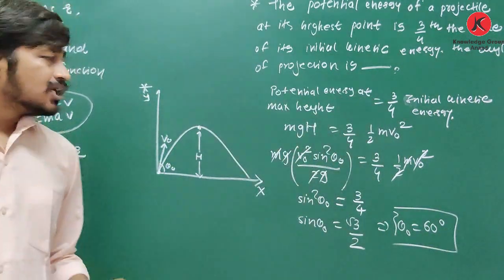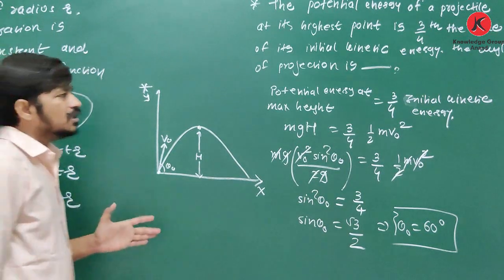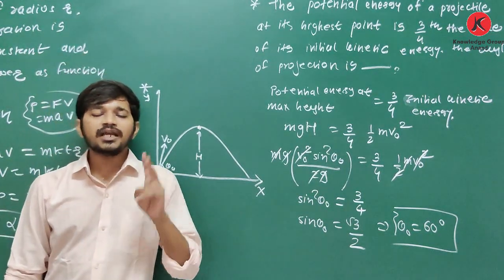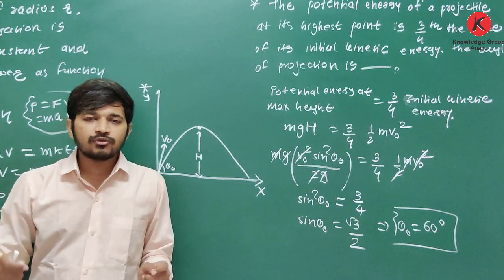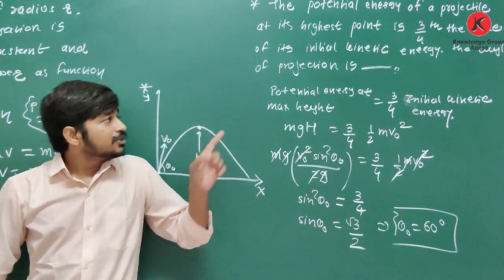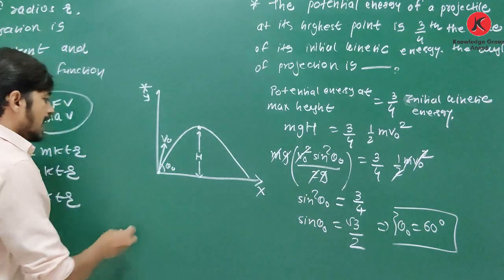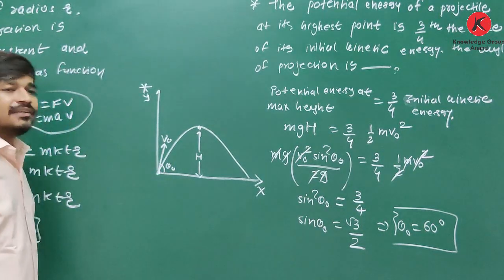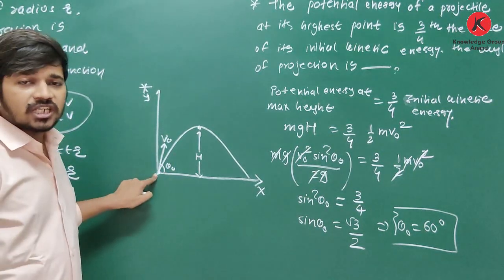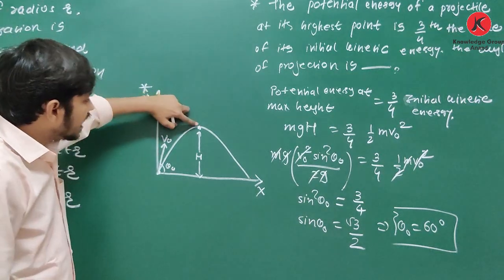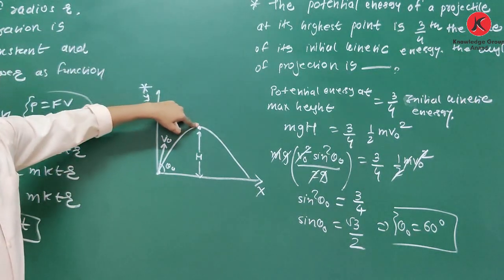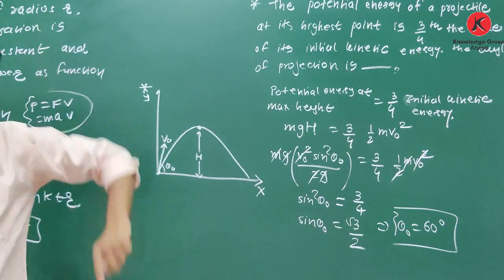Clear about this? So yes, it is one easy question, but you have to combine two chapters: chapter number 4, that is motion in a plane, and chapter number 6, that is work energy power. And again you have to remember, at this point it has only kinetic energy and its potential energy is 0. At the highest point it has only potential energy, and its kinetic energy will be 0.